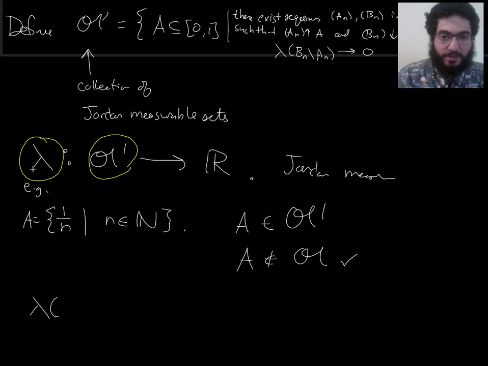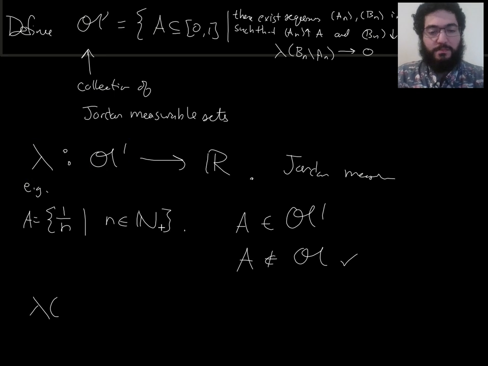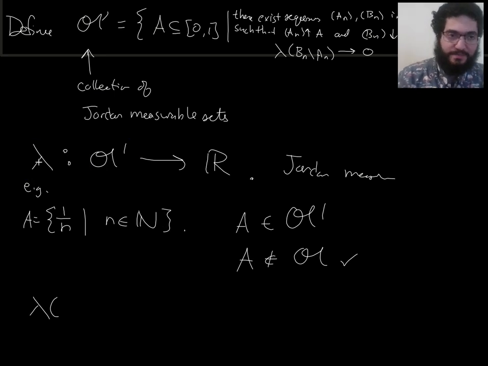So the thing here is called a measure, and the one we're looking at in this example is a Jordan measure. And the thing here, what can be measured? Well, I told you a couple of videos ago that this will be called a sigma algebra. But in this particular case, this ends up not being a sigma algebra, which is one of the problems with it. But we're going to define that later.